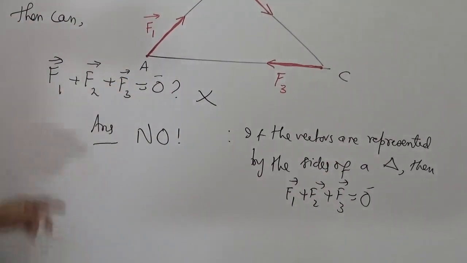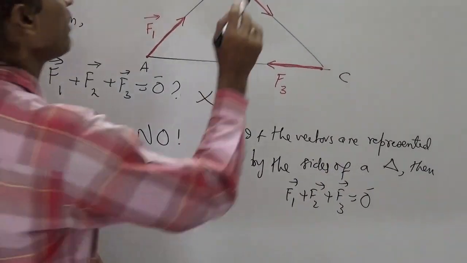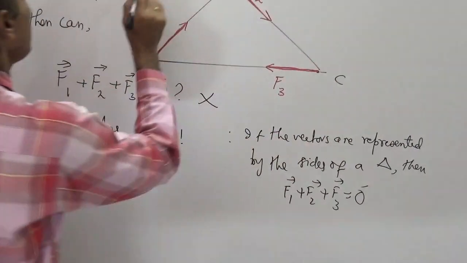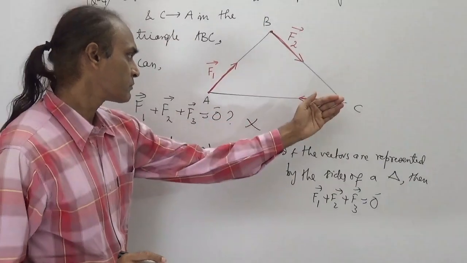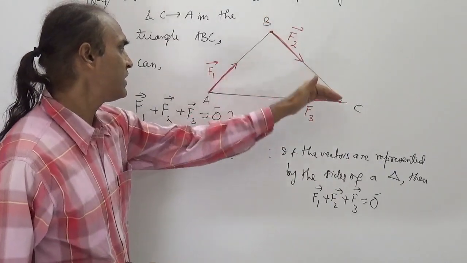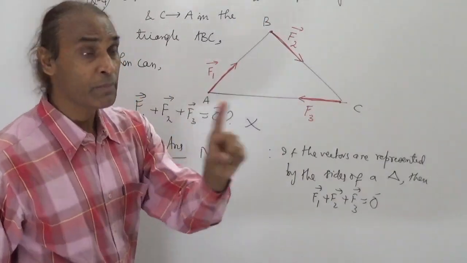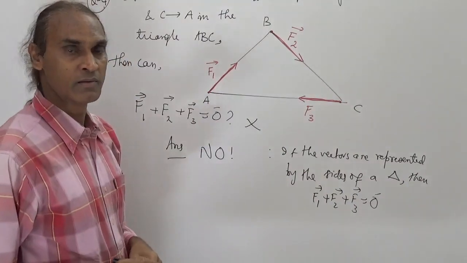But here these vectors point from A to B, B to C, C to A. They are just passing through the sides AB, BC and CA, but they are not represented by the sides.